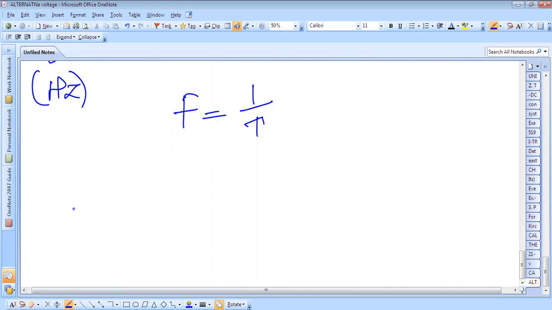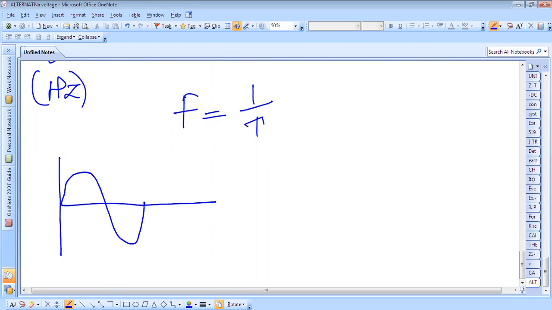So for this waveform, this is the time period, and this time period is 1 millisecond.